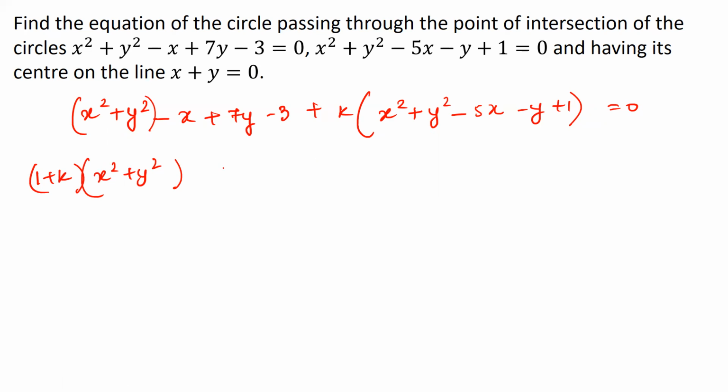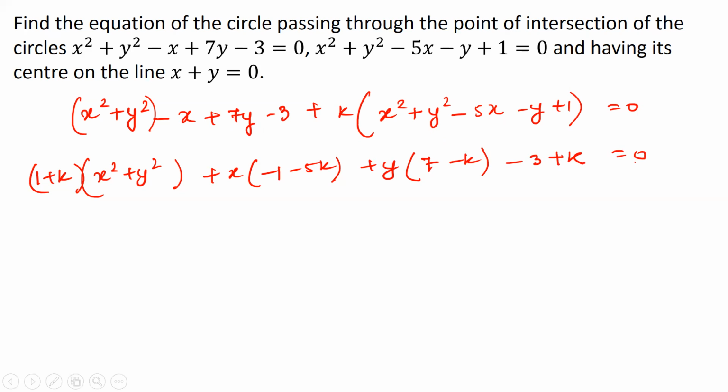And then what else remains? So let's take x common. So plus x, then what remains is minus 1 here, and then minus 5k here. And if you take y common, then what remains is 7 over here and minus k over here. And then comes the constant, which is minus 3 plus k, and finally equal to 0.